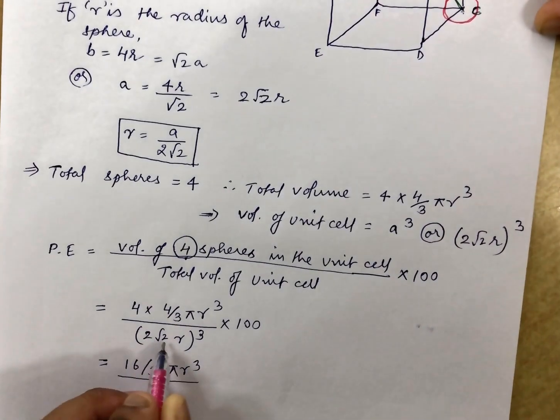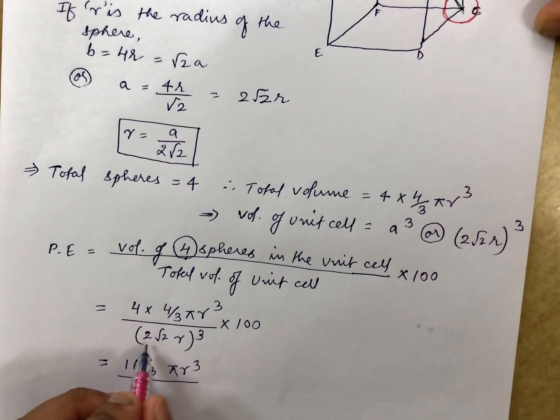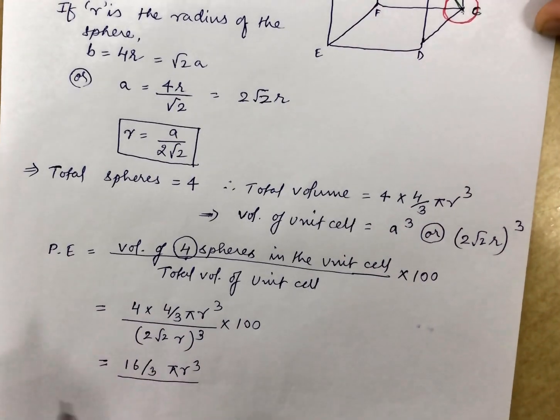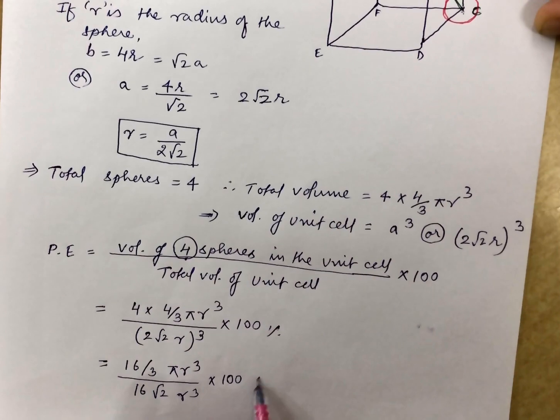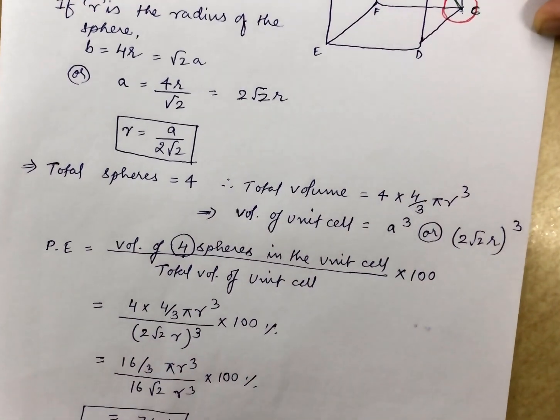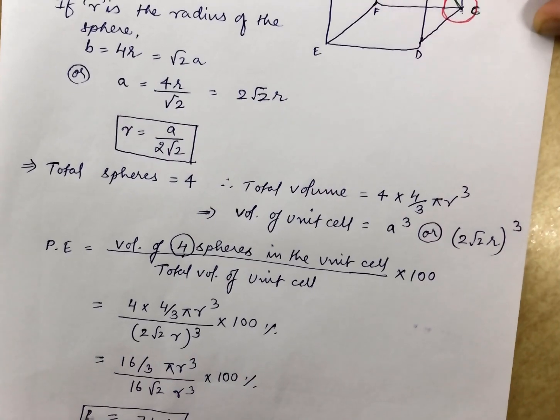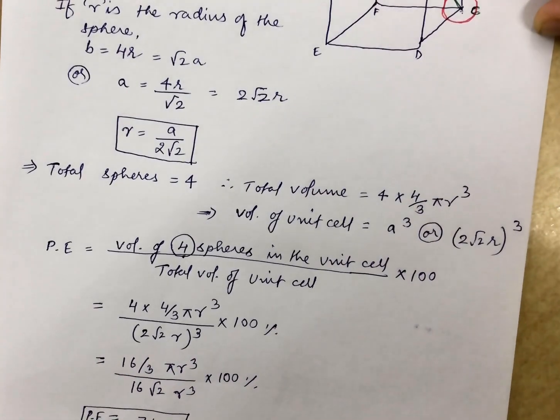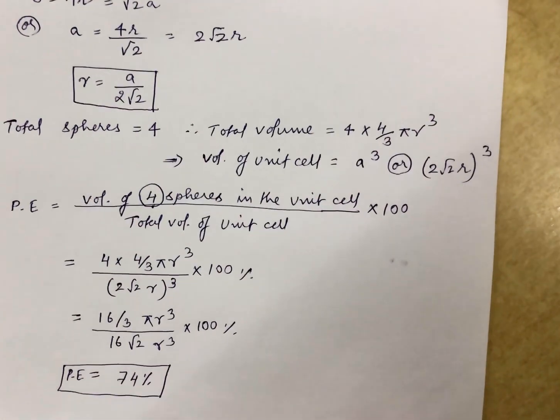You will have 2 root 2 and cube. So 2 2s are 4, 2 4s are 8 and 8 2s are 16 root 2 r cube into 100. And if you calculate, then this percentage comes out to be 74%.